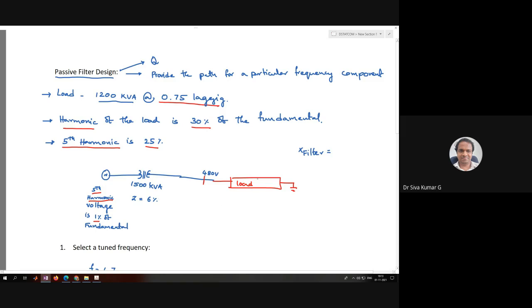Whenever you are designing a passive filter, in general, we need to consider the dominant frequency component. In this particular load, the dominant frequency is the fifth, at 25%, right? So we are going to design for the fifth harmonic.